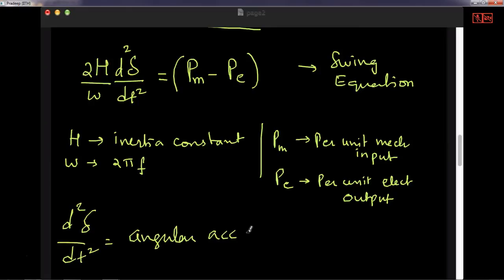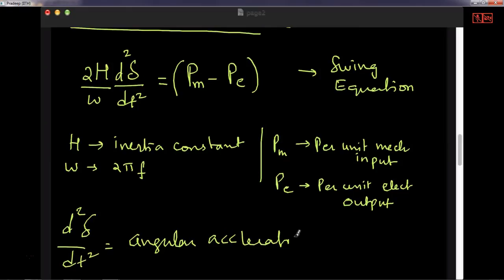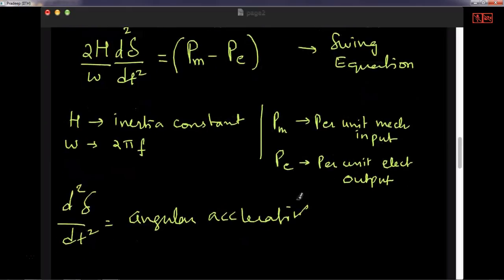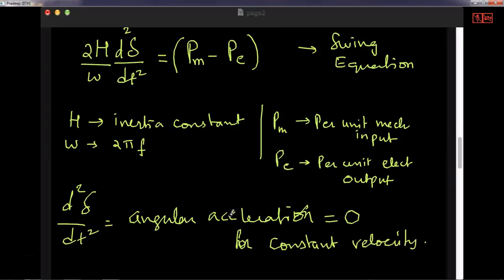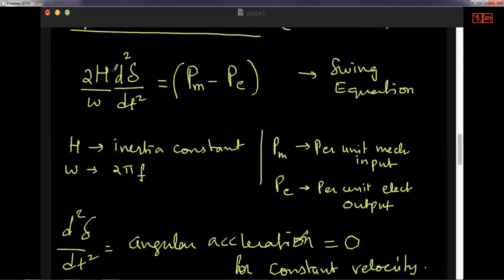Angular acceleration should be equal to 0 for constant velocity. So I want the machine to operate at a constant speed. For that, the acceleration should be 0. So that is the condition. But anyway, it will not be 0 because whenever there is a disturbance between PM and PE, it will become non-zero and again it should become 0.